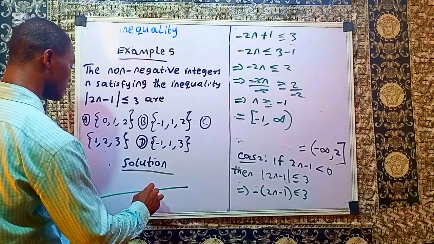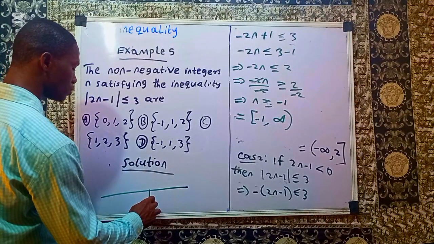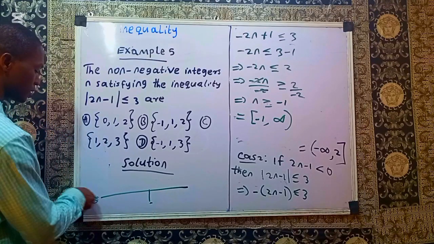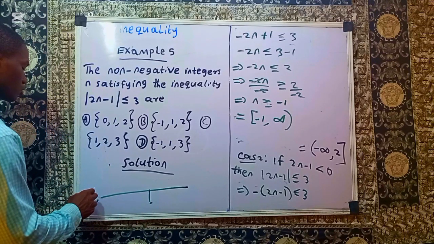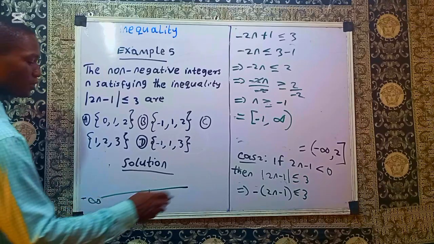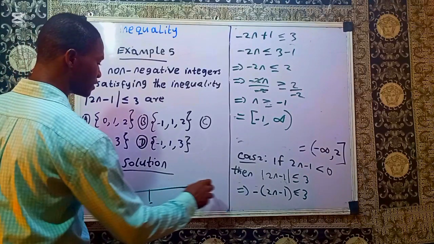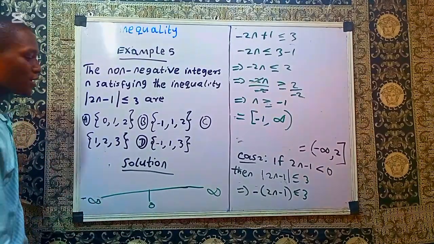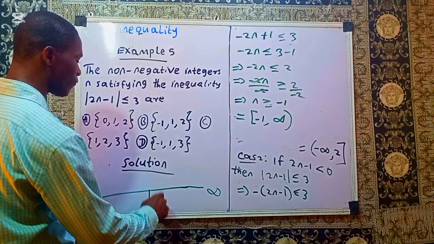So let's look at the solutions we got. Let me say that here is 2. So sorry, this is your real line, right? I just want to demonstrate what we have. On the real line, this is negative infinity, this is positive infinity. Then we know that 0 will be at the middle, right? So here we have 1, here we have 2.